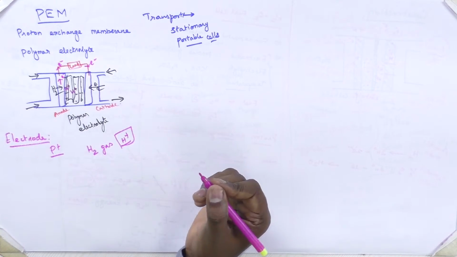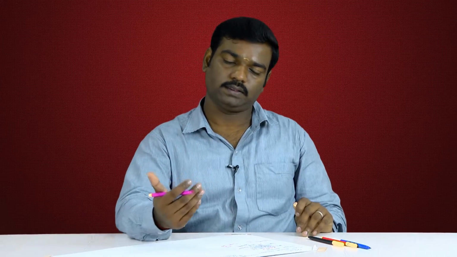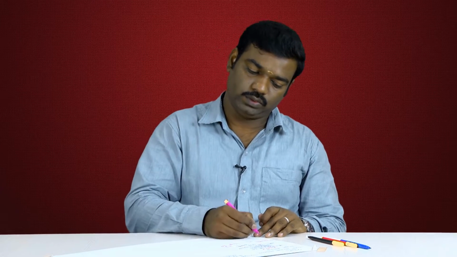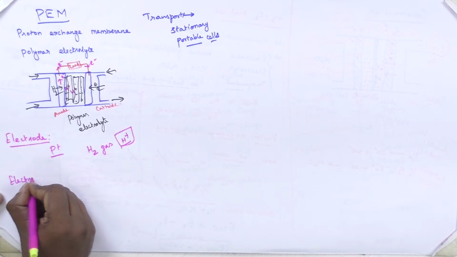The term itself contains proton exchange membrane, so these proton ions move through the membrane, and act with the anode compartment. So they have to move across the membrane surface, so we have to select the electrolyte or membrane carefully.